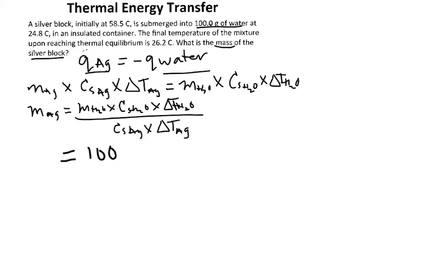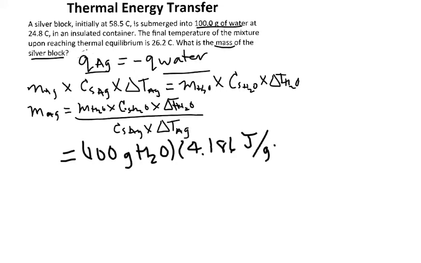So we have 100 grams of water times the specific heat capacity of water, which is 4.186 joules divided by grams times degrees Celsius.